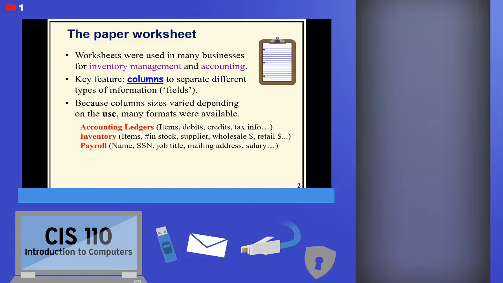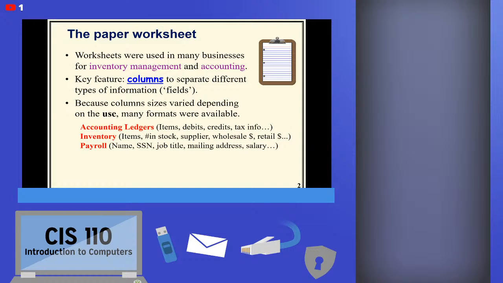The big thing we have to consider here is that it's all printed. It's paper. When you put something onto paper, at that moment, it's finalized.